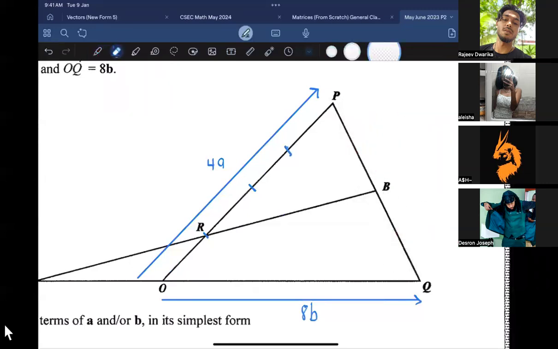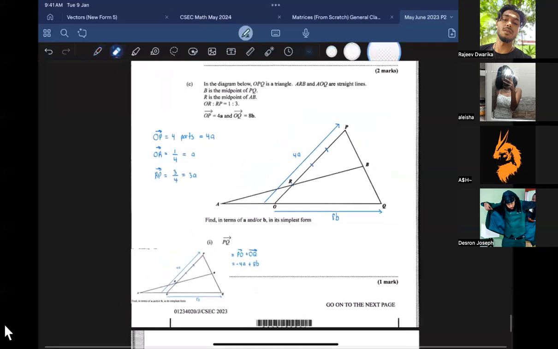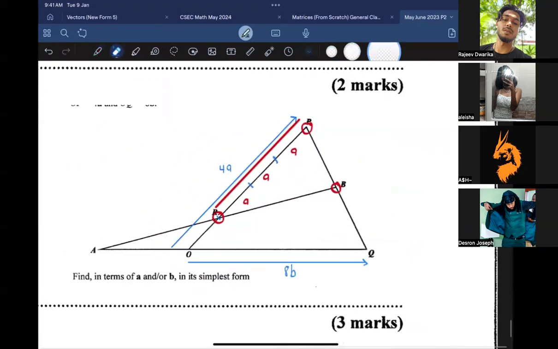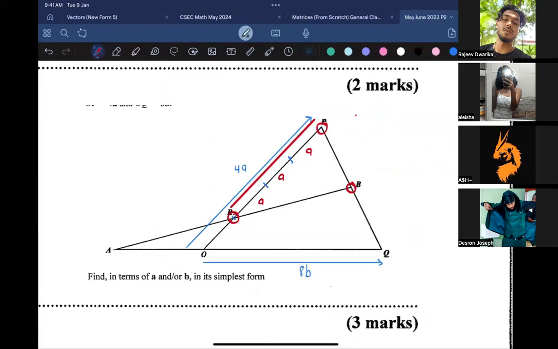Remind me, do we know what P to Q is? Is that something we found previously? Tell me, Sasha, did you find P to Q? Right, so we know what this whole vector is. If I want to go from P to Q, that's the full thing.